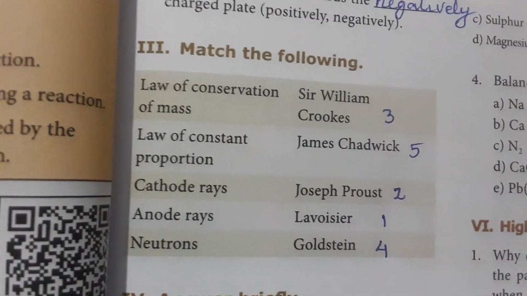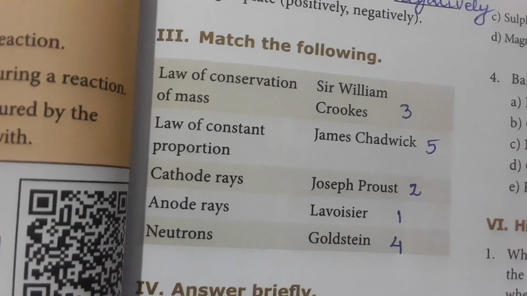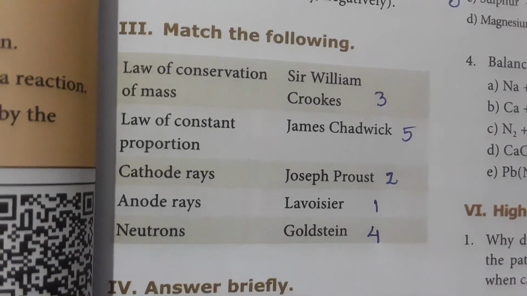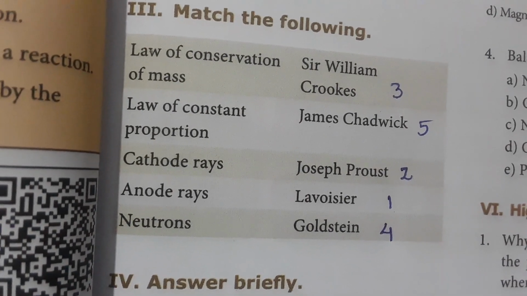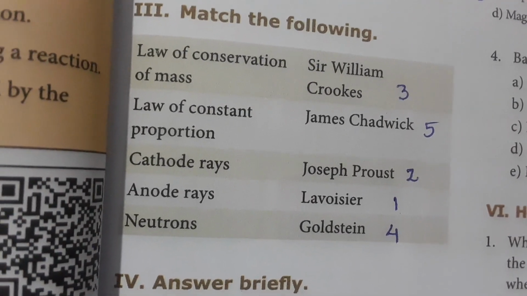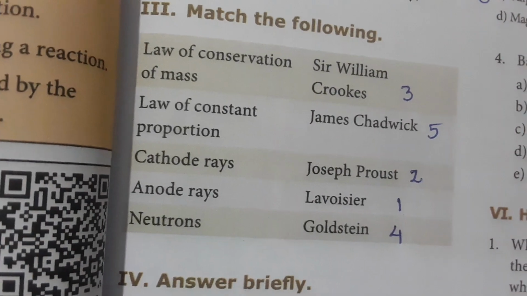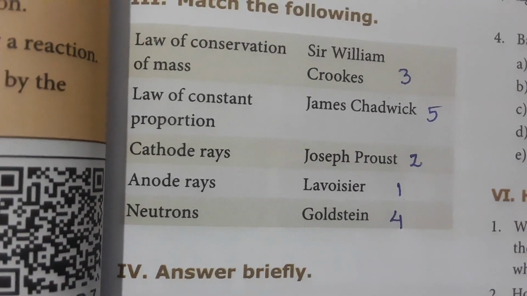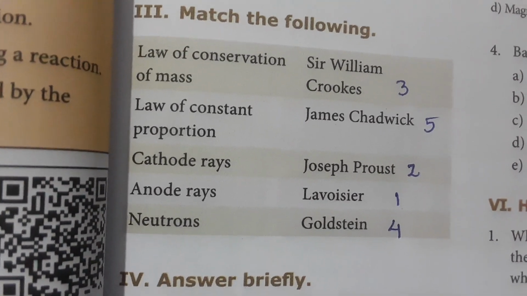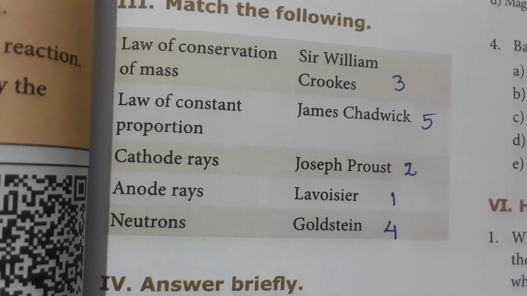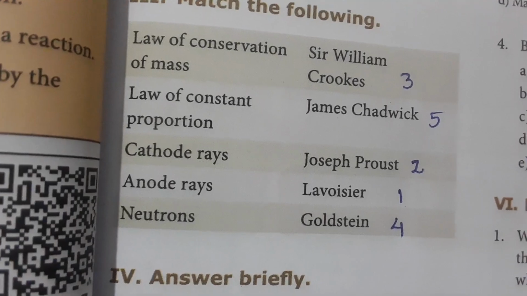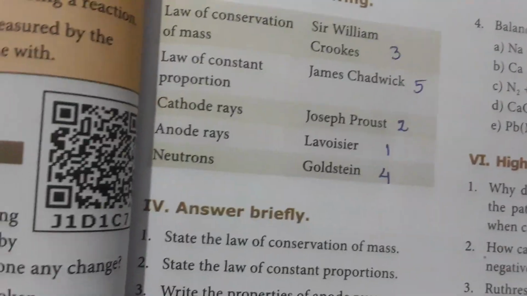The law of conservation of mass was proposed by Lavoisier. The law of constant proportion was proposed by Joseph Proust. Cathode rays: Sir William Crookes. That's why cathode rays are otherwise known as Crookes rays. Anode rays are associated with the scientist Goldstein, and neutrons were discovered by James Chadwick.